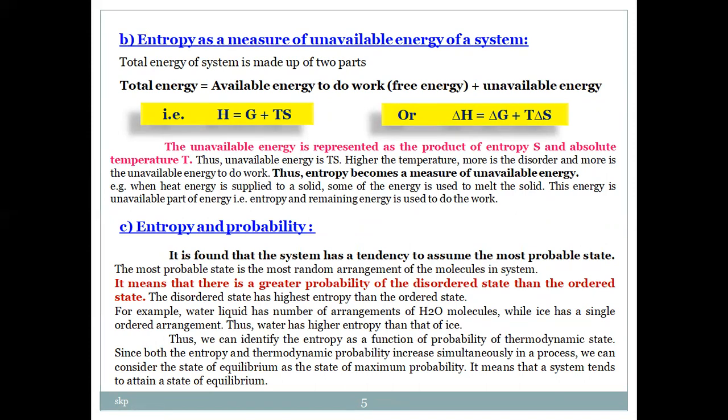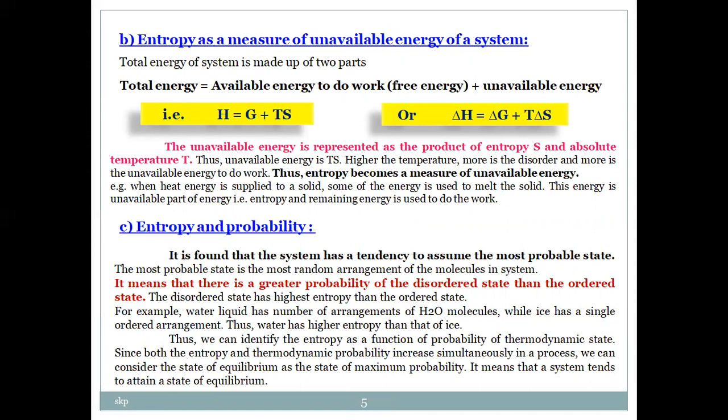Entropy and probability. It is found that a system has a tendency to assume the most probable state, that is, the system tries to go towards the most probable state. The most probable state is the most random arrangement of the molecules in the system. Hence, there is a greater probability of the disordered state than the ordered state.